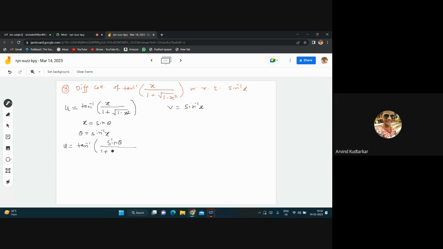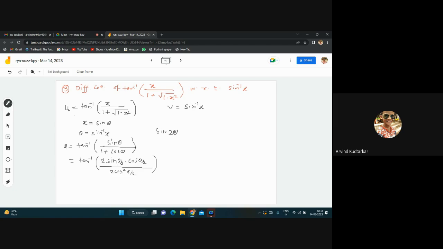So sine of theta is what? 2 into sine theta by 2 into cos theta by 2, upon 1 plus cos theta, which is 2 cos square theta by 2. So I will set here the formulae to get the half angle formulae.